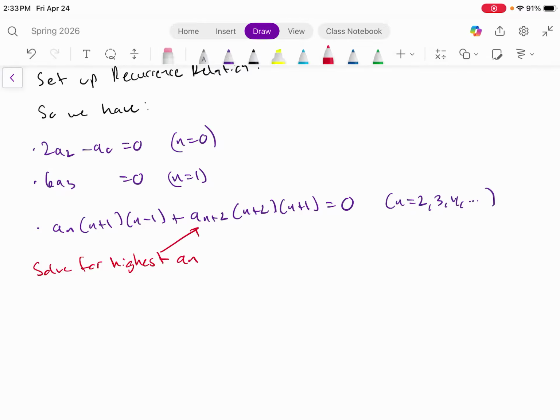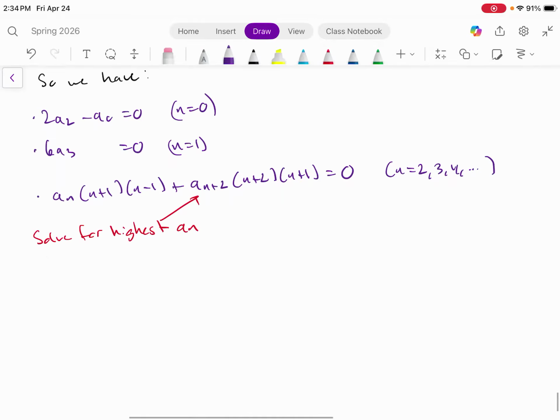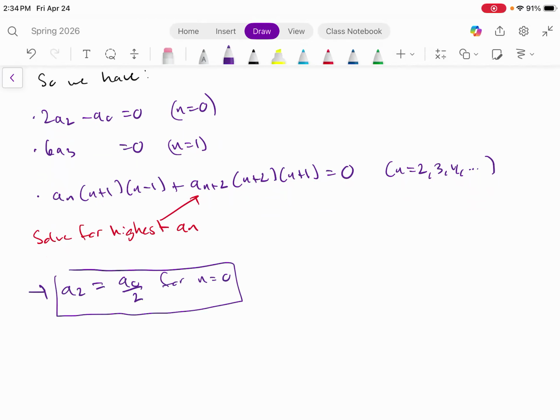So I'm going to move everything over to the right side and isolate a sub n plus 2 when I solve for this. So if we finalize our recurrence relation, we could see from our first term that a sub 2 equals a naught over 2 for n equals 0. Okay. Next one is a sub 3. A sub 3 equals 0. Easy. For n equals 1.